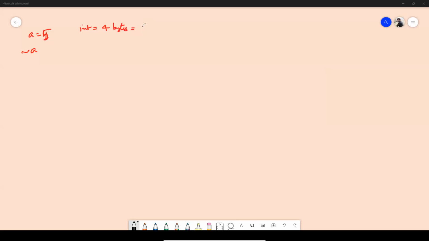In the 32 bits, the first bit is the most significant bit. It will represent your sign, whether this is a positive or negative number. And the remaining 31 will give you the actual value. If it is 1, it is a negative number. If it is 0, it is a positive number. That's how we represent it.